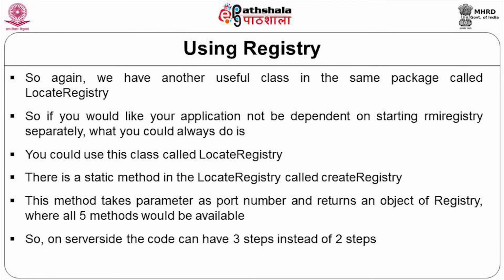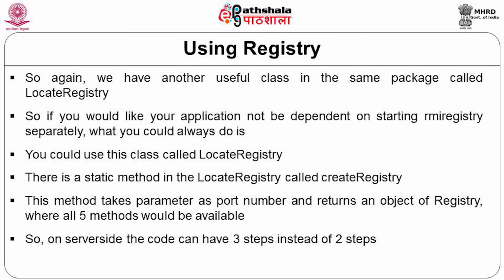If you would like to have your application not dependent on starting RMI registry separately, what you could do is use this class called LocateRegistry. There is a static method in LocateRegistry called createRegistry. This method takes a port number as parameter and returns an object of Registry, where all the 5 methods would be available.